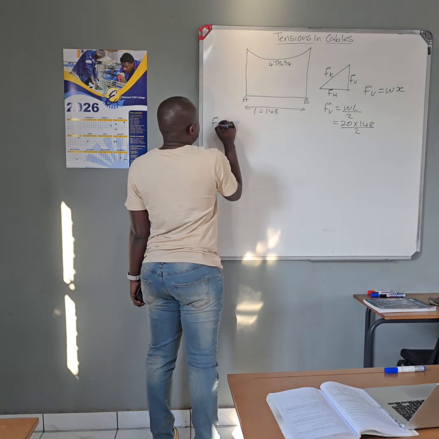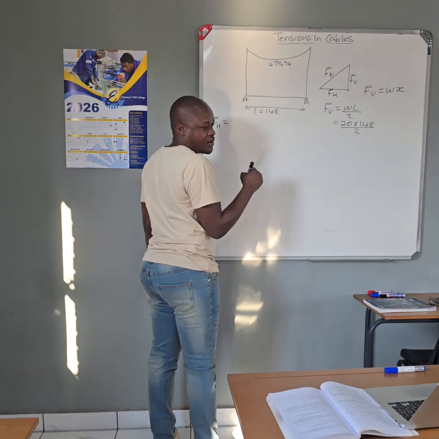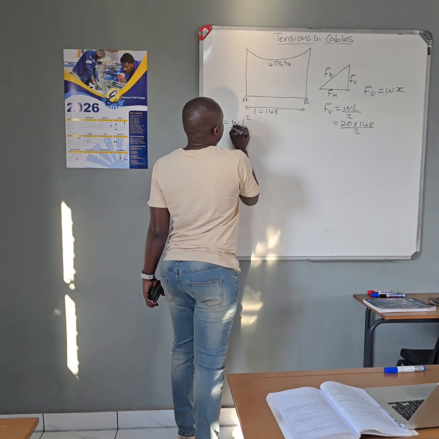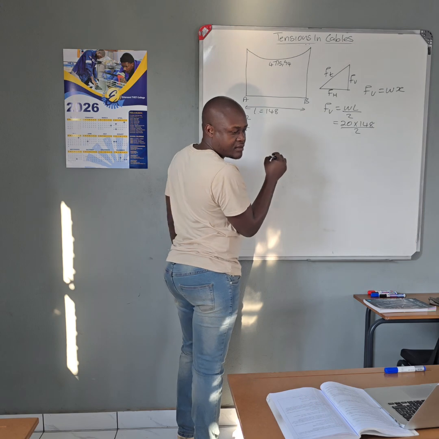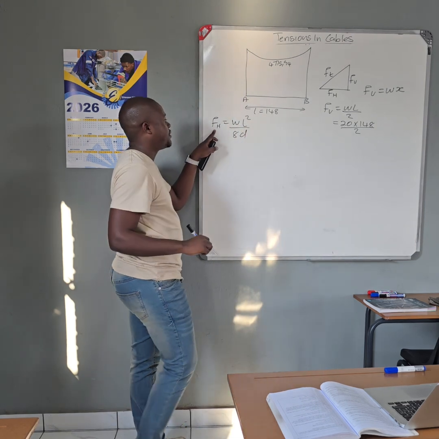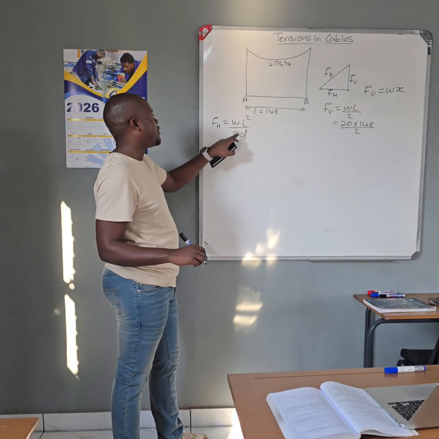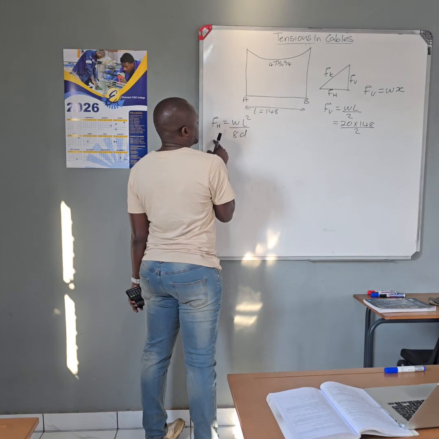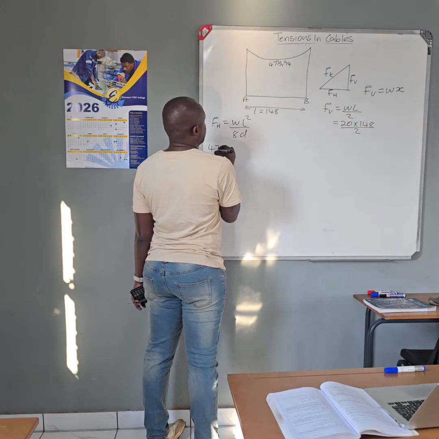So there is this formula that says FH is going to be equal to W N squared, all this divided by what? We have FH, we have N, we have W, we want to find D, right? So FH is 4775.